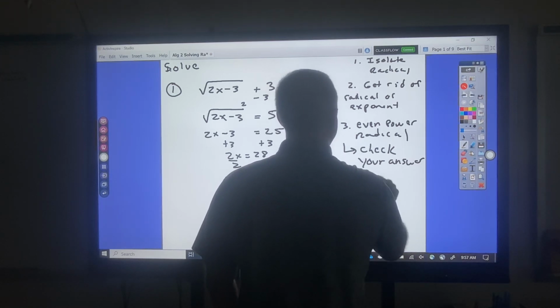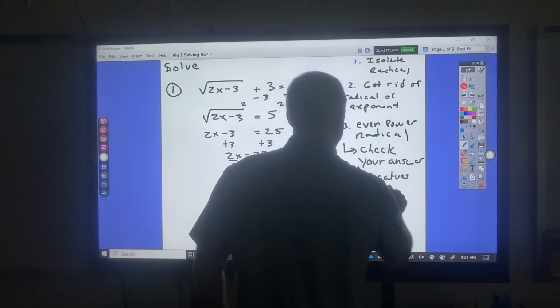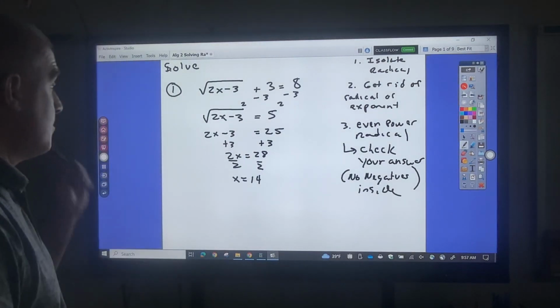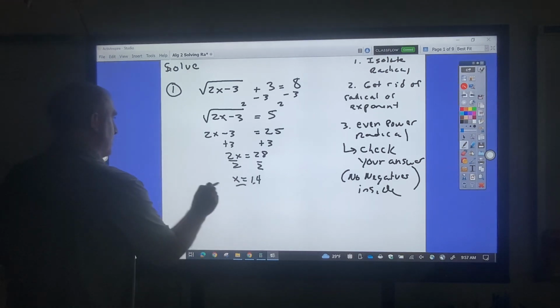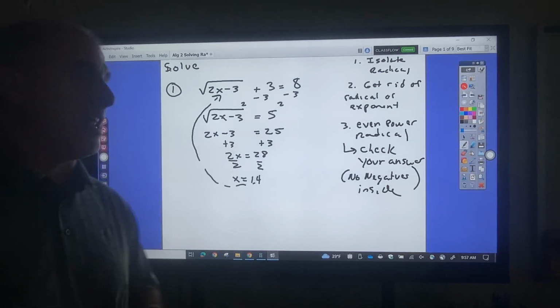No negatives inside. With odd power radicals, we don't have to worry about this. But with an even power radical, I have to check, because an even power can't have a negative underneath.